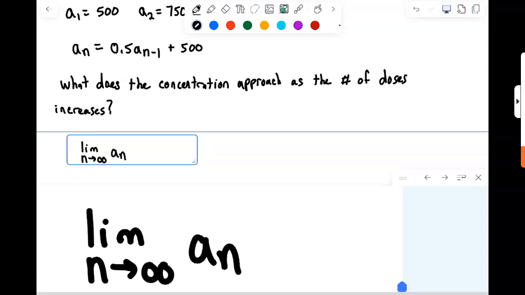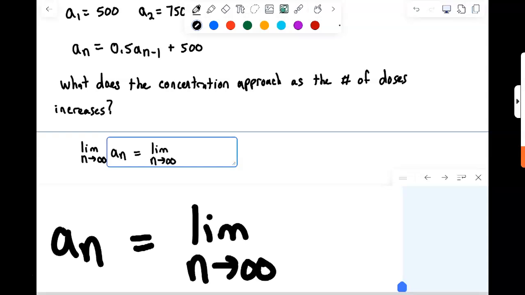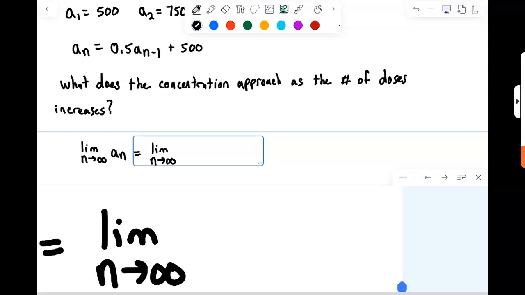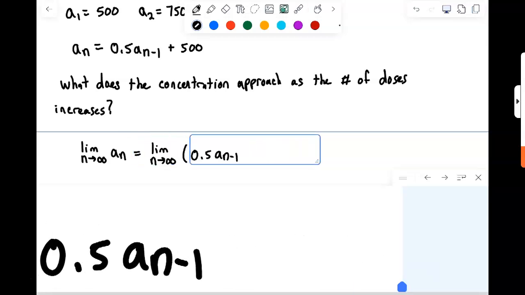So we're trying to find out the limit as n goes to infinity of a sub n. So we would apply that to the other side. Limit as n goes to infinity of 0.5 a sub n minus 1 plus 500.